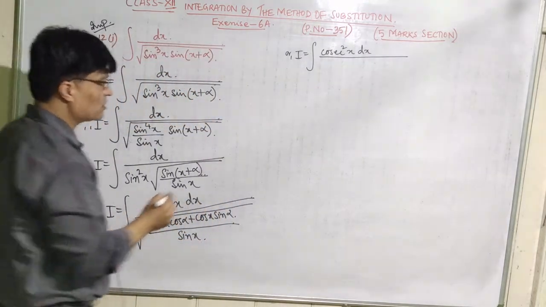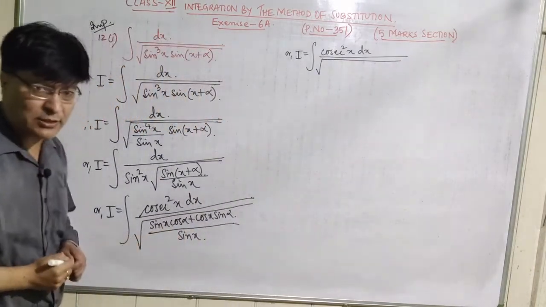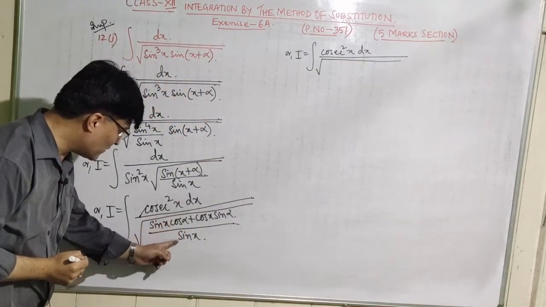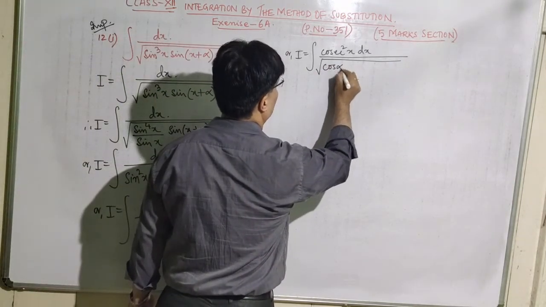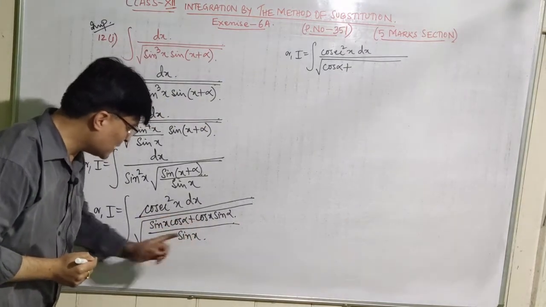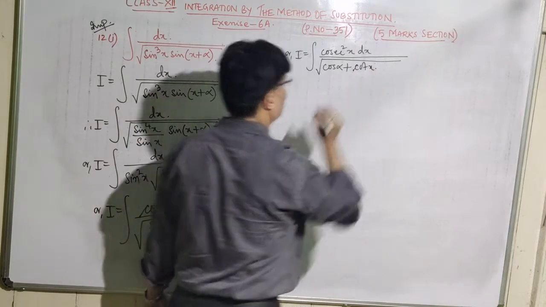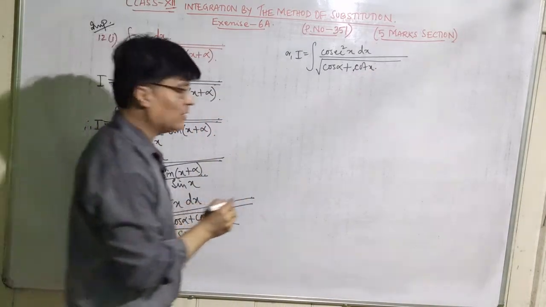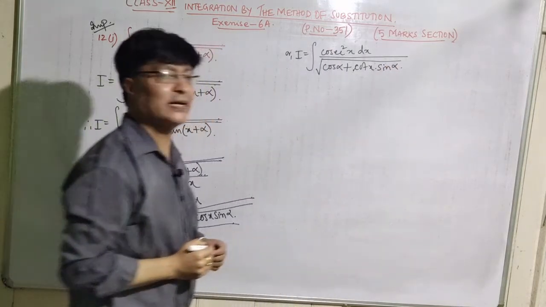divided by, let us separate the terms here. Within the square root, let us separate the term sin x cos alpha divided by sin x. Sin x gets cancelled. You'll get cos alpha plus, next, what is cos x by sin x? Cot x. So it is cot x, isn't it? And sin alpha. Is that clear?